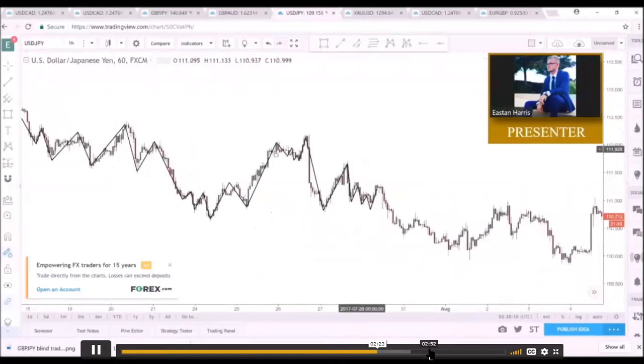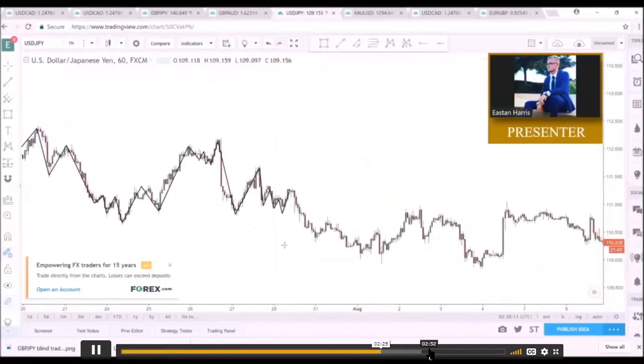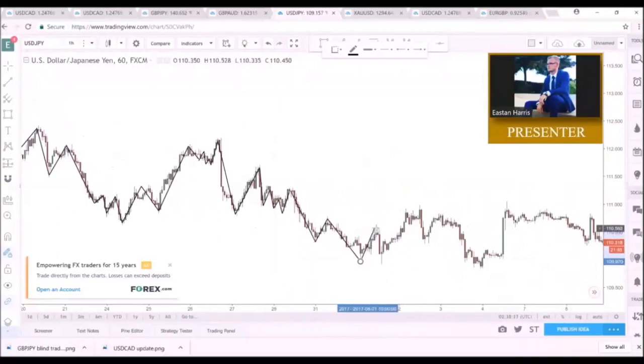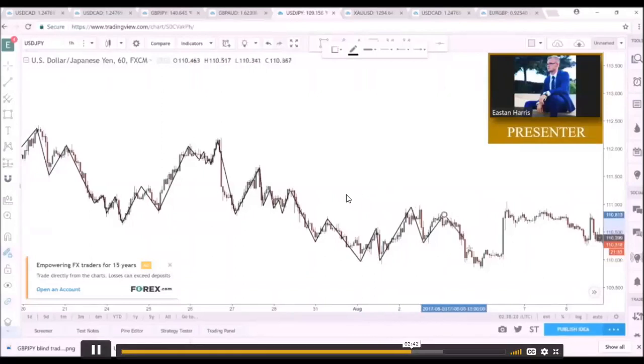Okay, and we'll move forward some. All right, but if you know your structure, you know the flow of the market, you'll know what your structure is. Okay, and if you know what your structure is, you'll know when exactly the bears or the bulls have officially taken over.